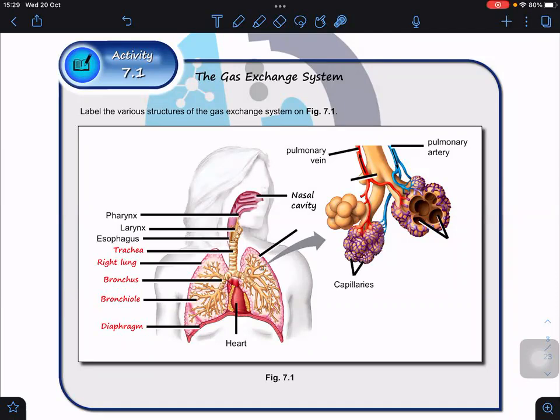This bronchiole eventually ends with this structure, known as alveolus or alveoli. Alveolus is singular, alveoli are plural. It depends on how many we point to. In this case, I point to two, so I label it as alveoli.